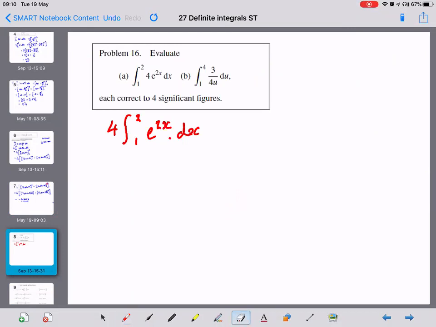So the first thing I can do is say that equals 4. Mustn't forget our constant multiplier times. And then what happens when I integrate e to the power of 2x? That's e to the ax in your table.